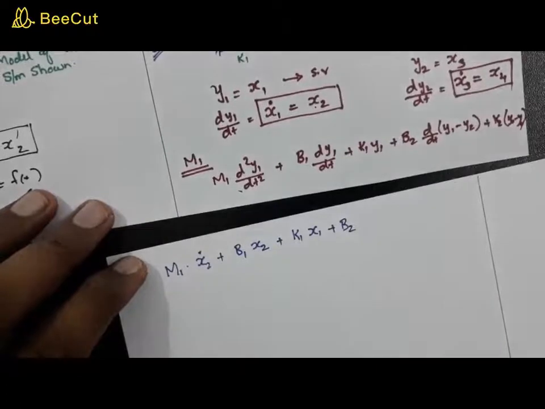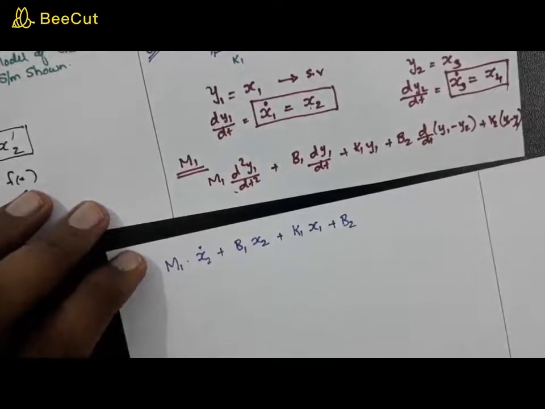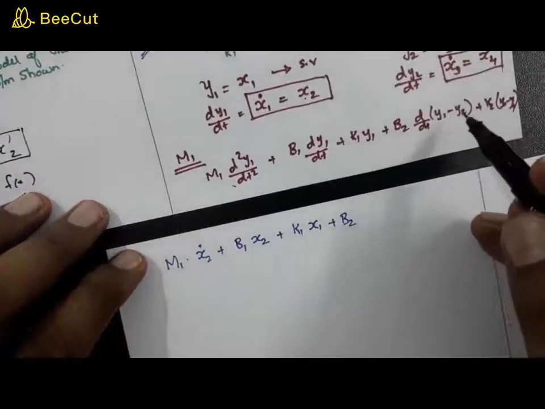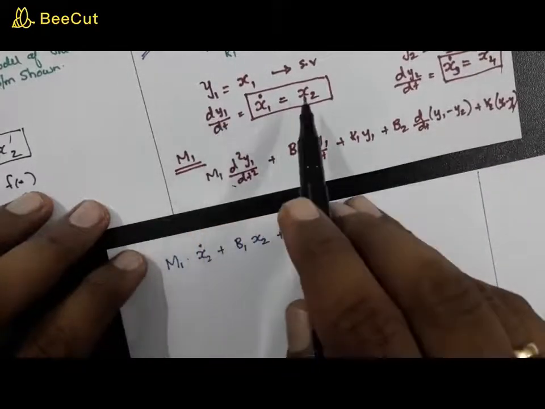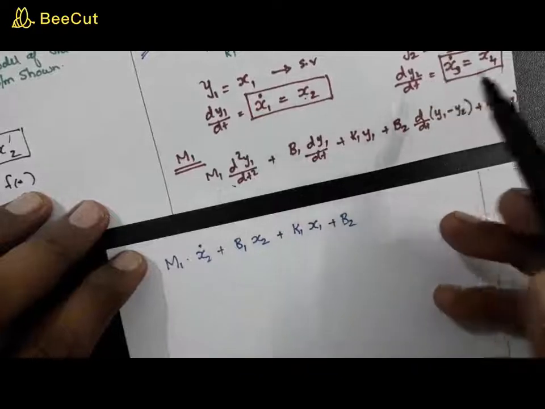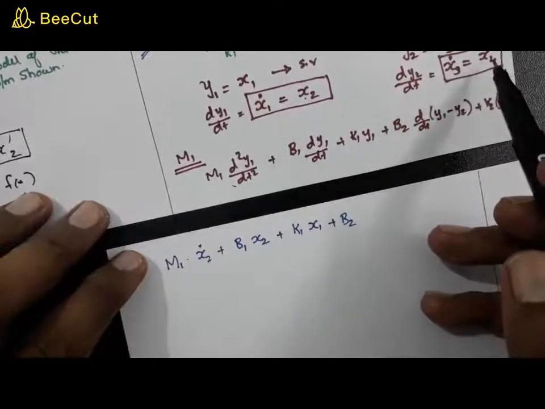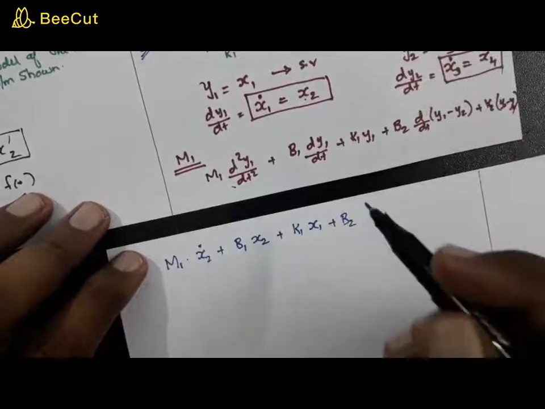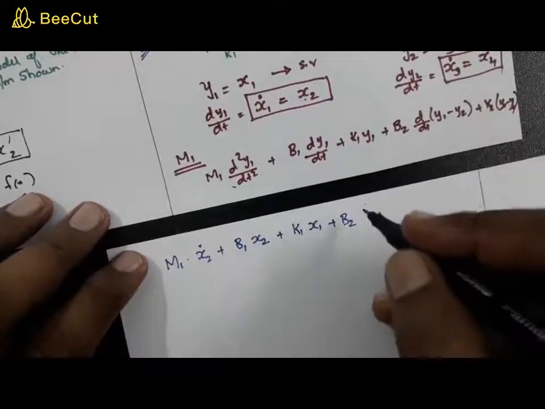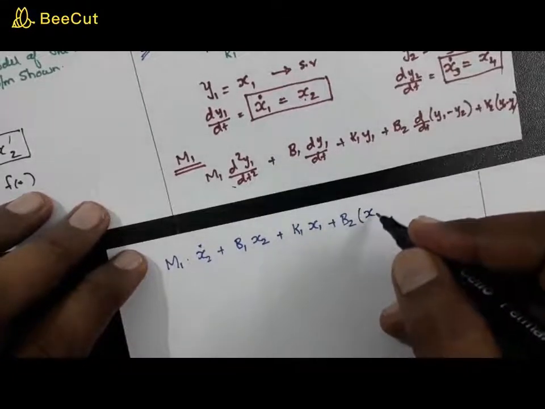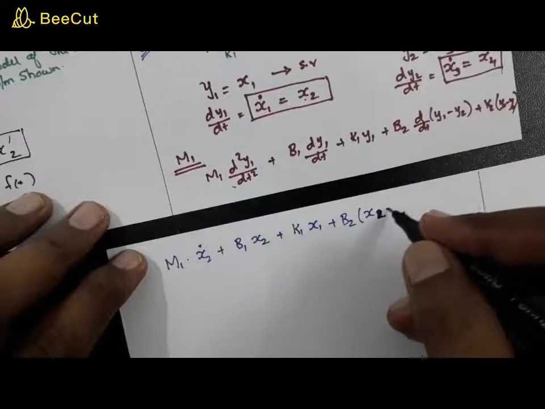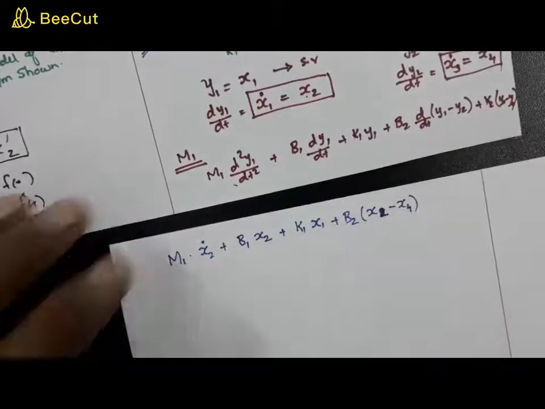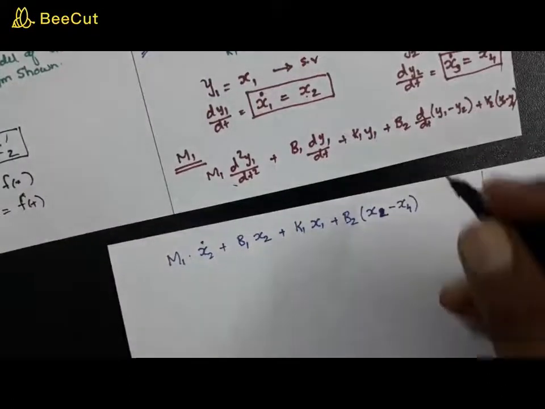b2 into the derivative of y1 minus derivative of y2. The derivative of y1 is assumed to be x2, while the derivative of y2 is assumed to be x4. So this must be b2 into x2 minus x4, right?